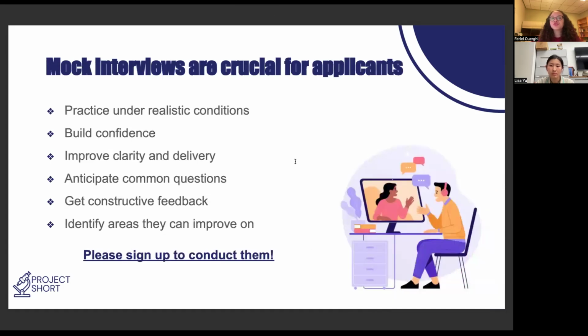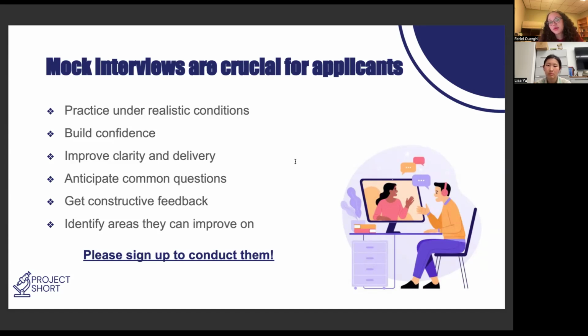Okay. So just to start off, this is something we all know, but I'd like to just reiterate that mock interviews are really crucial for applicants. And this is for a lot of reasons, but it really helps the applicant practice under realistic conditions. This is really helpful for them to get a better feeling of how they perform under stress and pressure. It also helps them build confidence. It can help them improve clarity and delivery of their message the more that they practice.